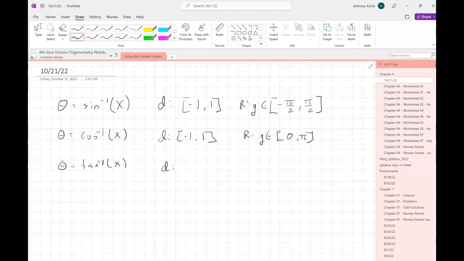What are the possible outputs for tangent? Remember, what does the graph of tangent look like? Looks like this. Yeah, so the domain here is going to be all real numbers. Oh, that's kind of sneaky, Mr. Kulik. Maybe I should put an x is an element of on all these spots.